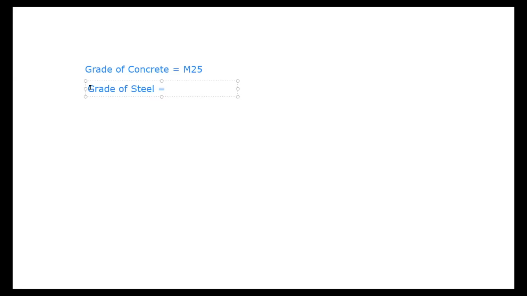Generally, there are three different types of grades of steel that will be used in the design. The first one is mild steel. Then you have Fe 415 steel and Fe 500 steel, which are high strength steels. Generally, 415 grade uses 415 Newton per mm square.